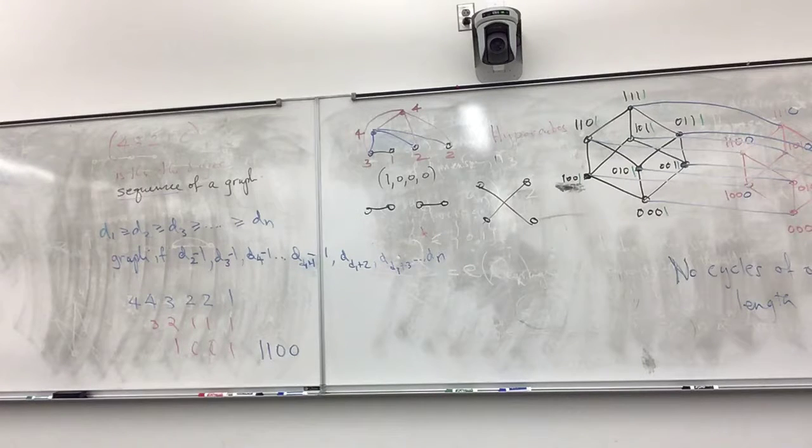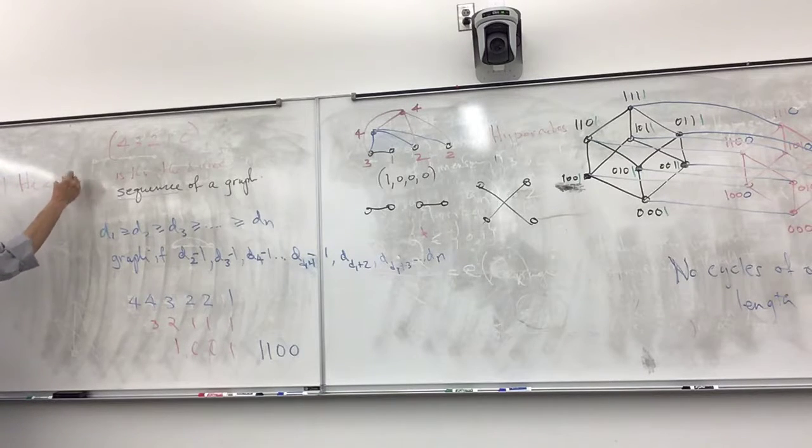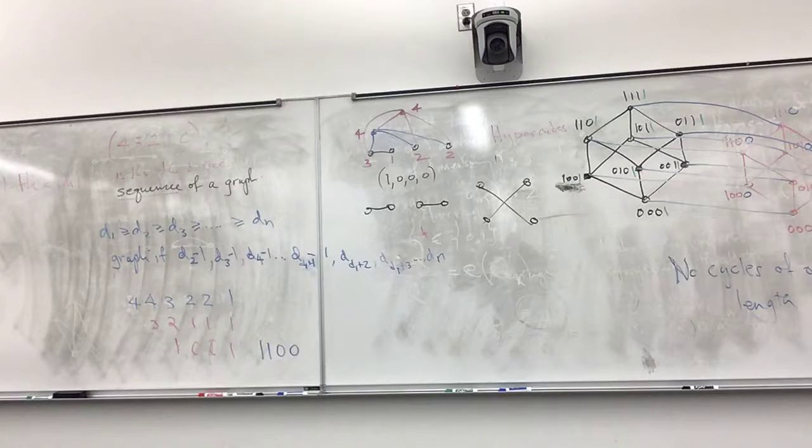So this algorithm is called the Havel-Hakimi algorithm. I don't know why it's never an and, it's always a hyphen. This algorithm will tell me, if you follow this through, whether a sequence is realizable or not.